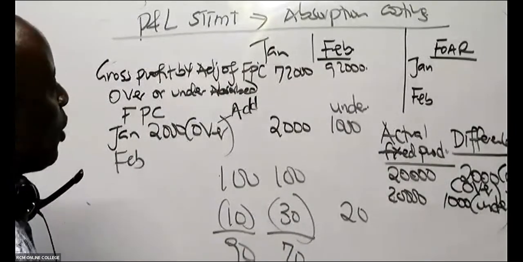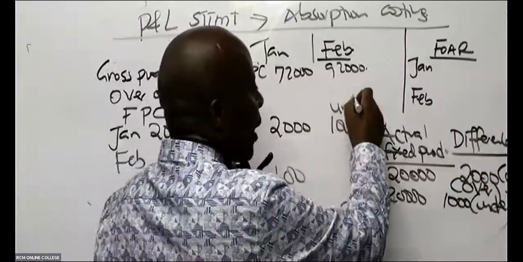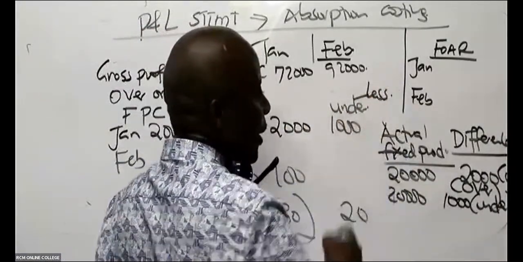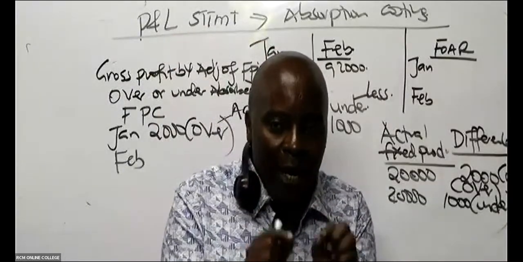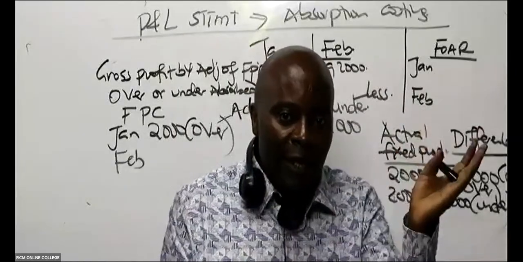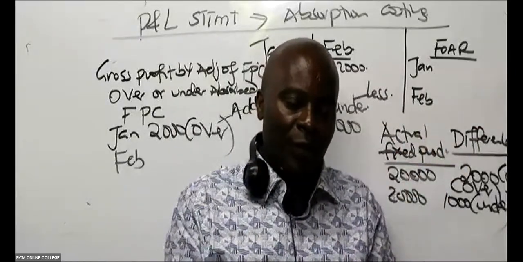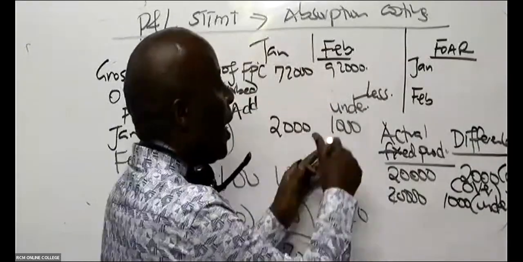Subtract. So this one we shall less because it is under, because when you underestimate an expenditure, then automatically your profit is overstated. So in this case we are subtracting.